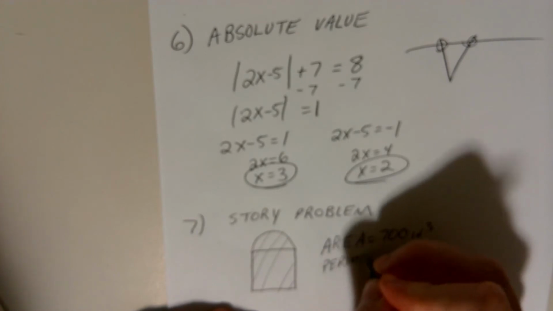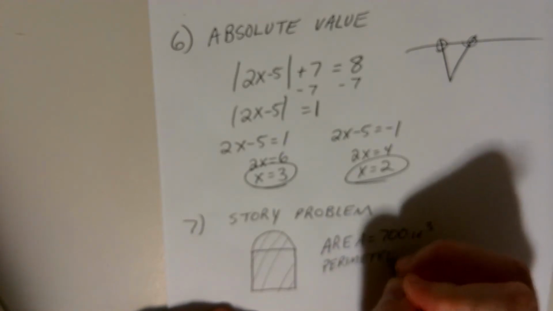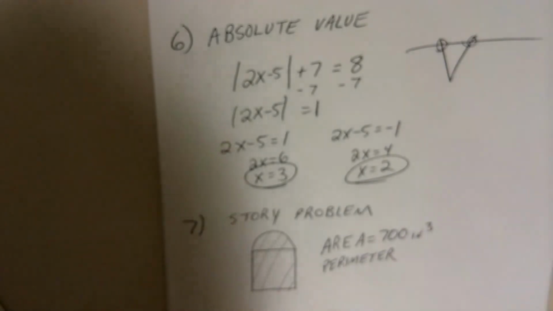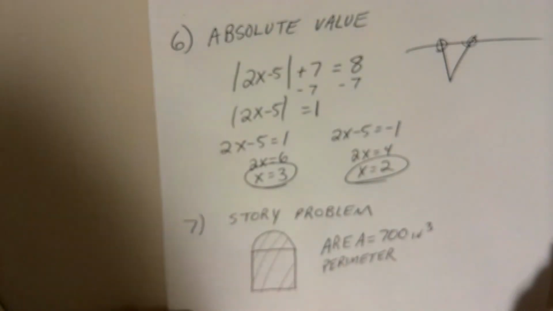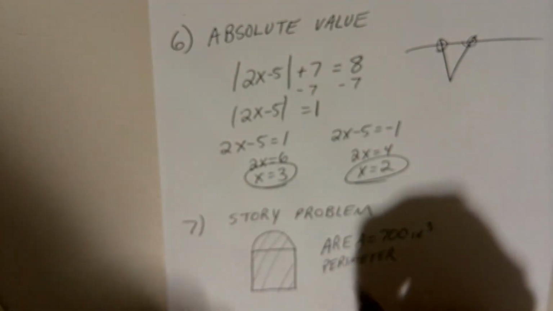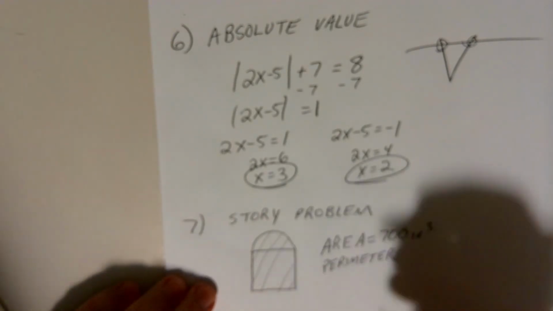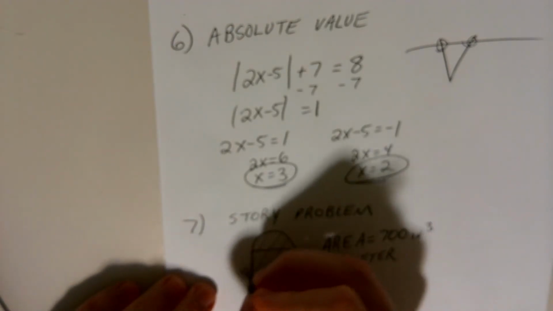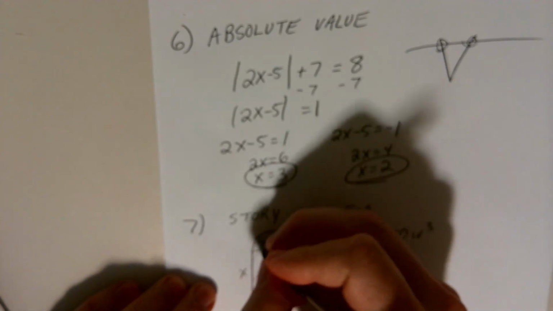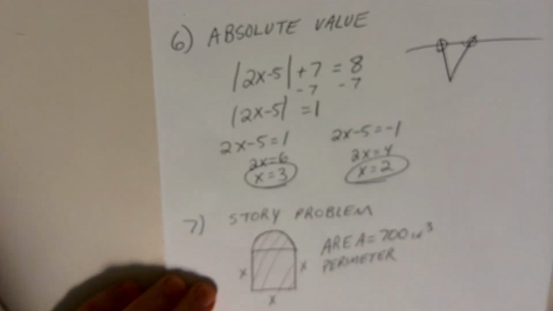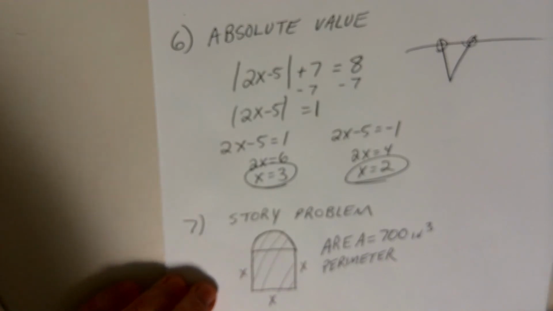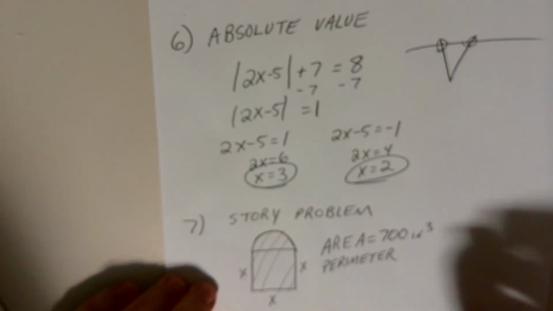You're like, what the heck? Can I do all that math? And the answer is, I hope you can. So the area of this whole thing is 700 cubic inches, and I want to know what the perimeter is. So the perimeter is this length plus this length plus this length plus half the way around a circle, right? Half the circumference. Good deal? So what I have to do is write a true equation.